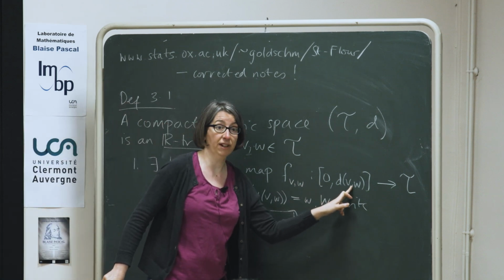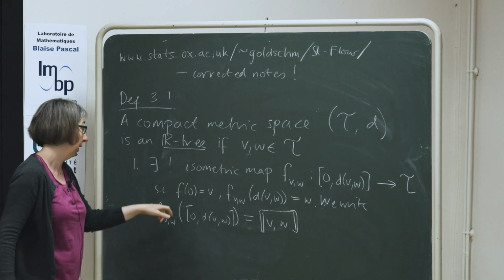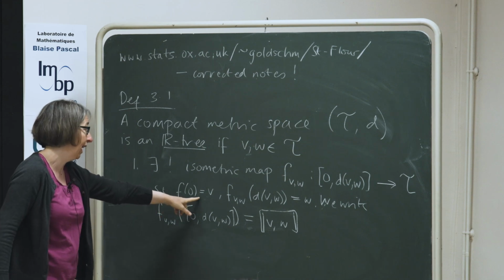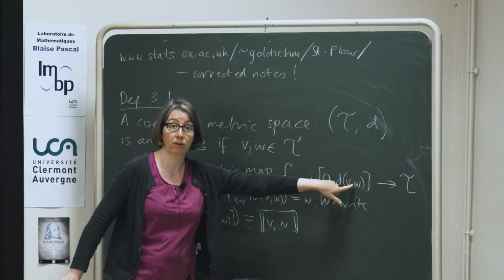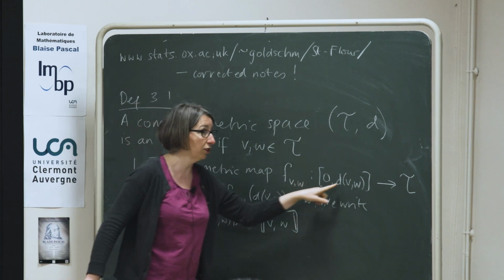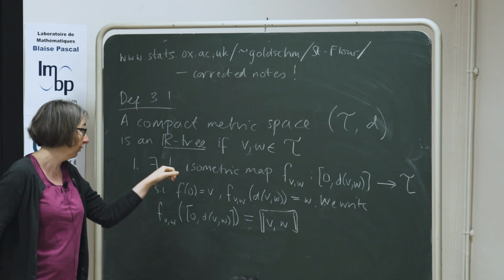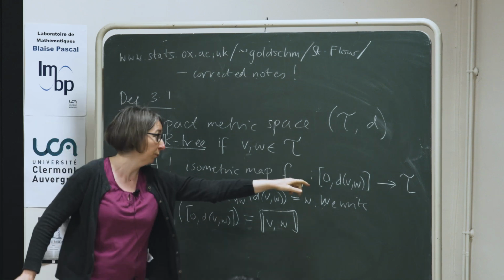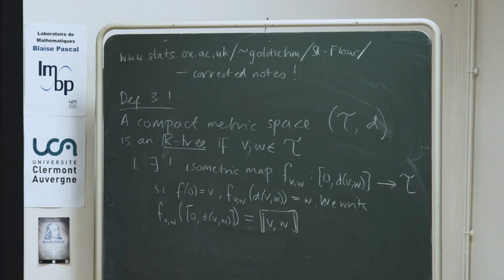Firstly, V and W are distance d(V,W) apart, and this is essentially saying that the shortest path between them is a line segment. It looks just like the interval 0 up to d(V,W), so there's an isometry between that and the path in the tree.